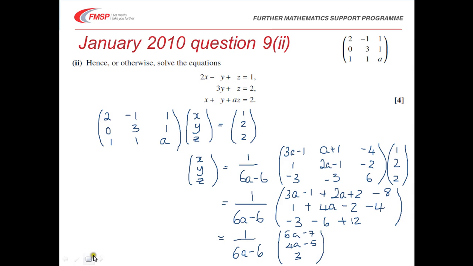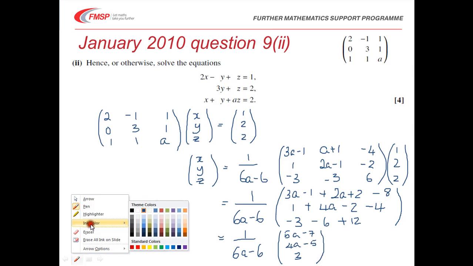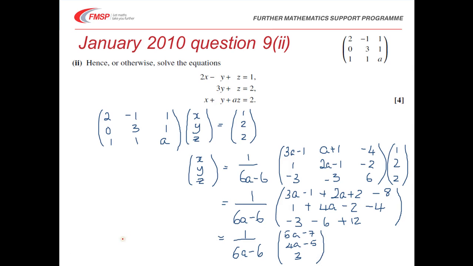And again, there were 4 marks for that question. So if we just look at how they've been awarded, then there's M1 for a correct attempt at this idea of multiplying by the inverse, so this A minus 1.